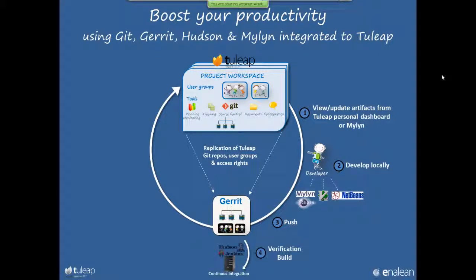After pushing, continuous integration will begin, and the verification, build, and test will be carried out with Hudson or Jenkins, and then continuous integration will give a status both on your project workspace or on your personal dashboard, but also on the Gerrit dashboard.